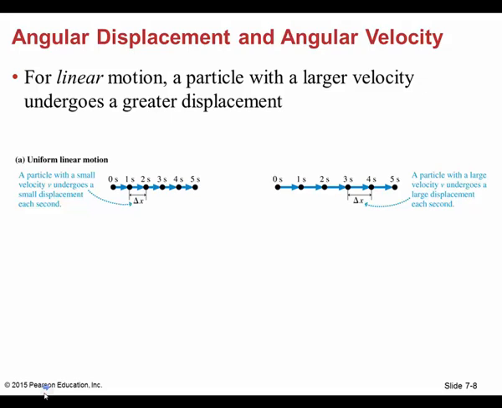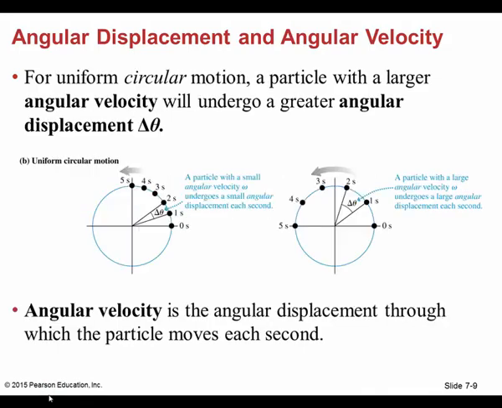All right, so in linear motion, we talk about how objects with greater displacement have greater velocity. Well, for uniform circular motion, a particle will undergo a greater angular displacement. I mean, come on, that's common sense.